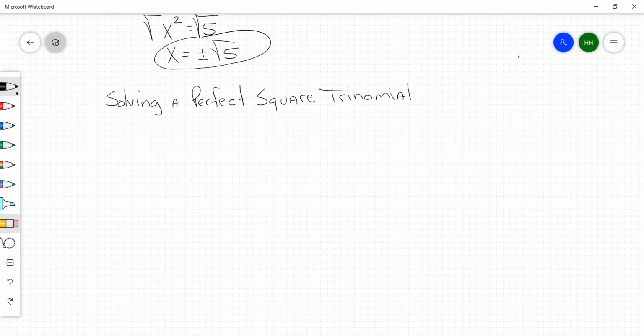All right, so here we go. We got an x squared plus 4x plus 4 is equal to 25.